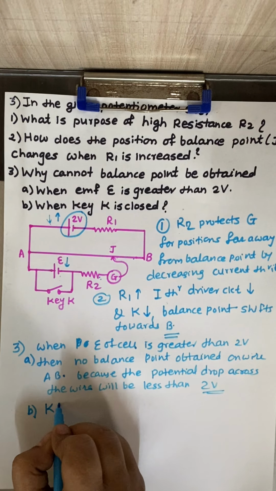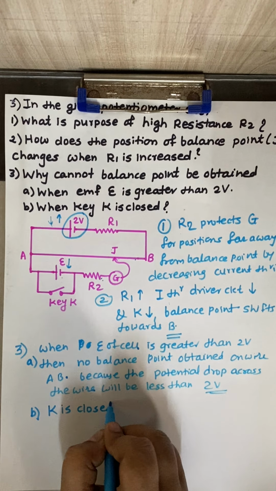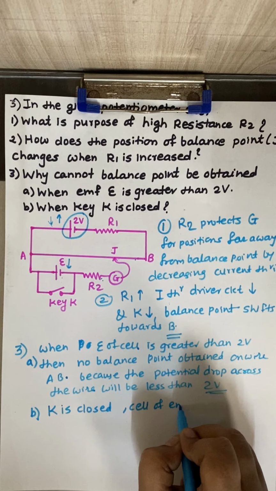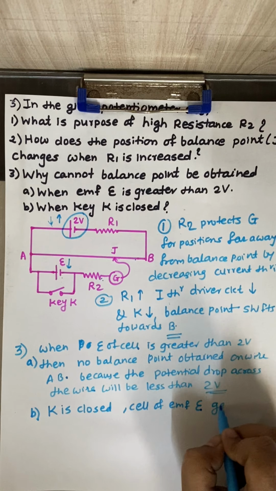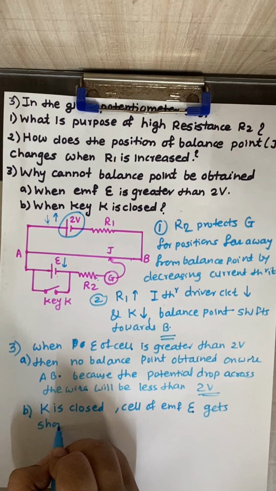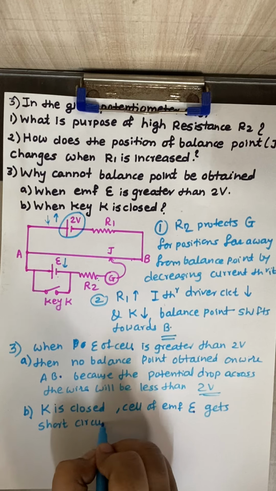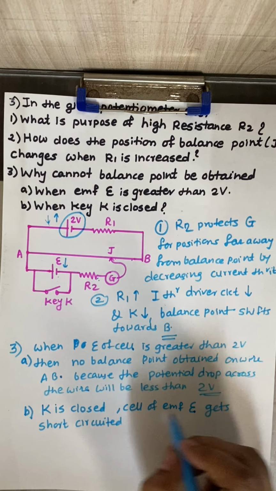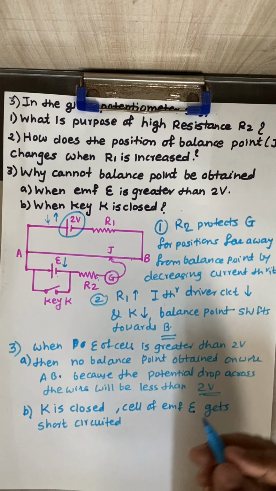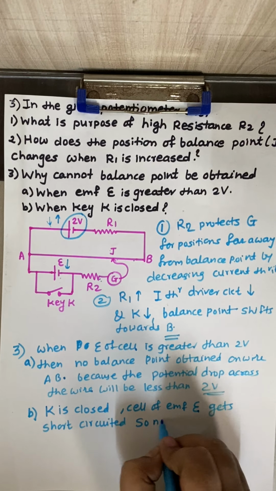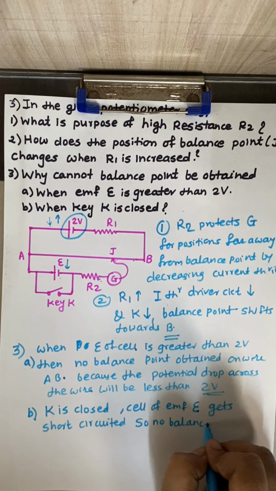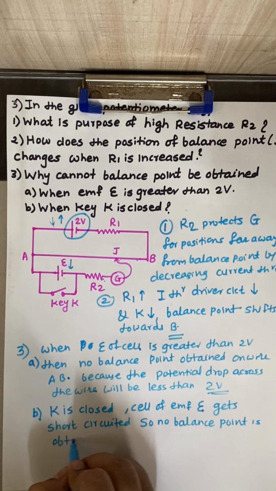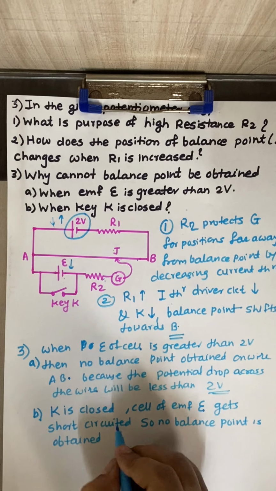I will write down: if K is closed, then the cell of EMF E gets short circuited, because it gets a direct path for the current flow. So no balance point is obtained on the wire AB.